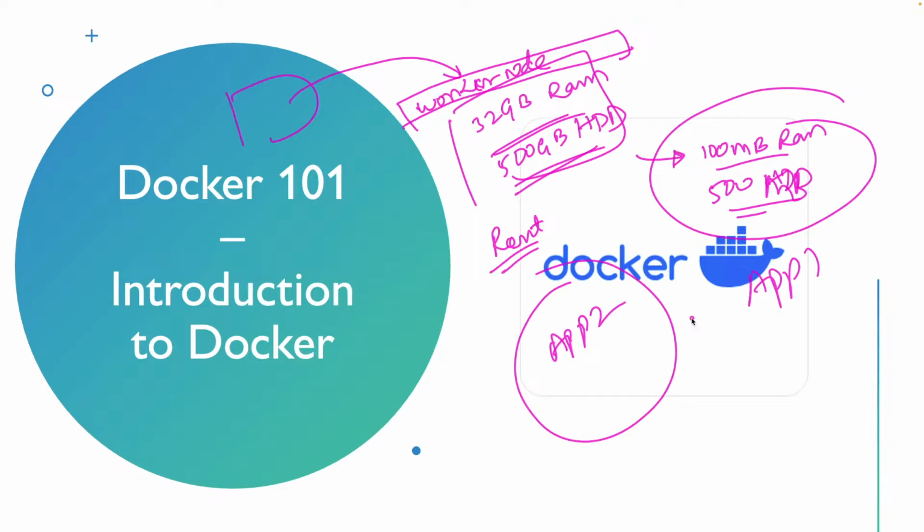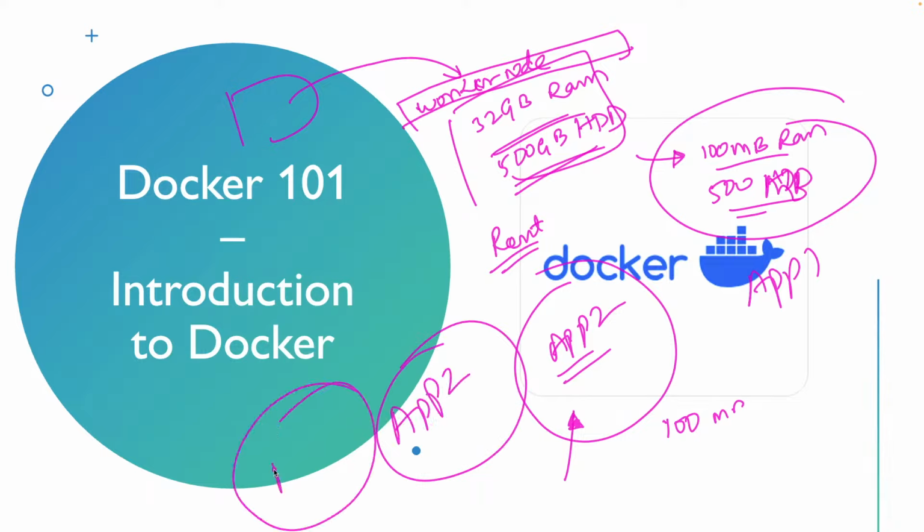Let us assume that my application is a shopping website like Amazon.com or Flipkart.com. In such scenarios, I'll start getting more and more requests. Previously, this capacity had 100 MB of RAM and 500 MB of hard disk. Now this usage is not sufficient for this application. So with the help of Kubernetes, I can bring up multiple instances of my application.